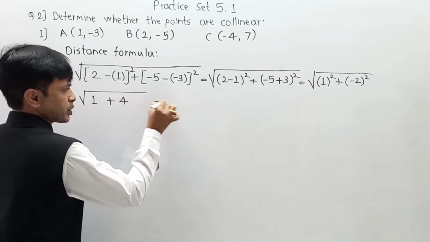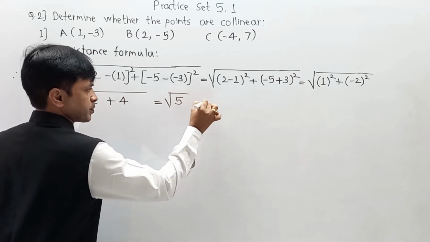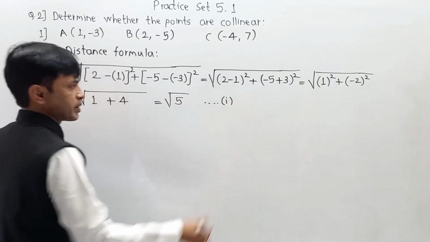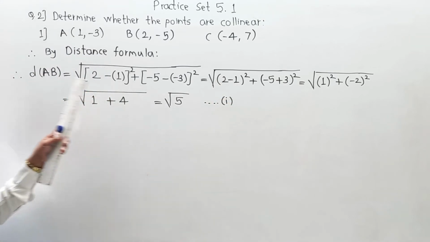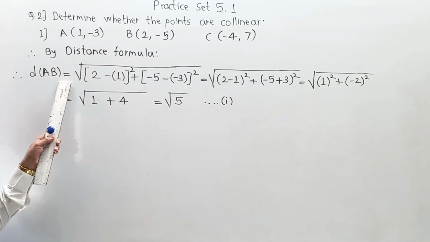So 1 plus 4, and that is nothing but root 5. I am going to call it equation number 1. Now root 5 is nothing but the distance between the points A and B.